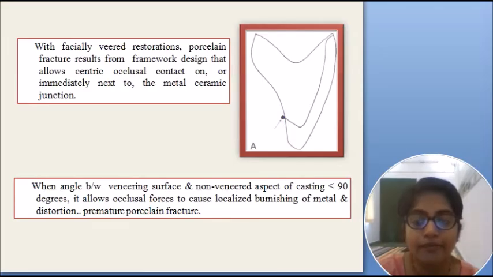When the angle between the veneering surface and non-veneered aspects of the casting is less than 90 degrees, it allows occlusal force to cause localized burnishing of metal and distortion and premature porcelain fracture. So the angle between the veneering surface and the non-veneered aspect should be more than 90 degrees, or obtuse.